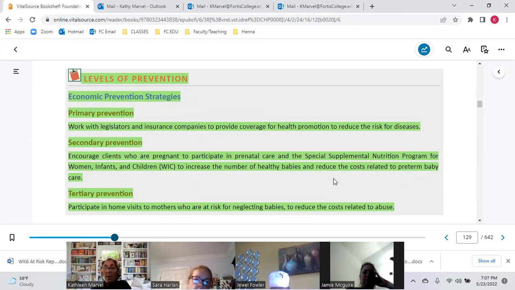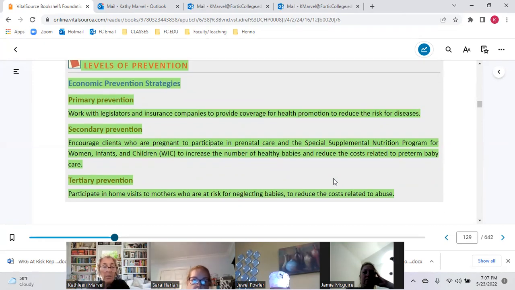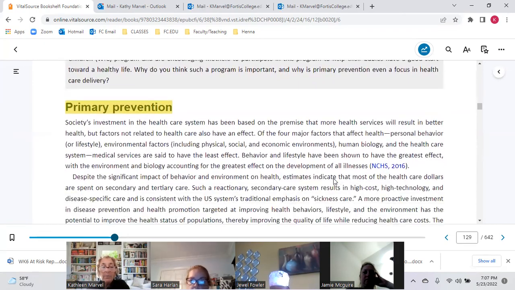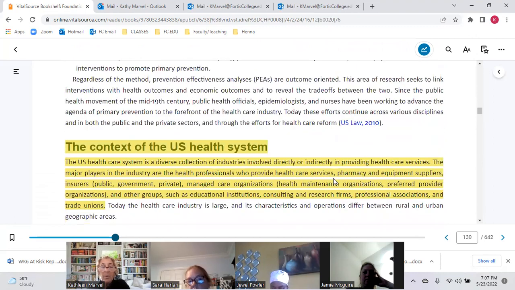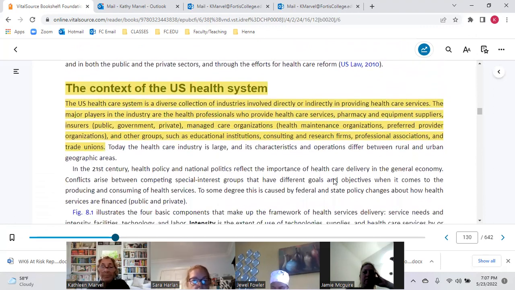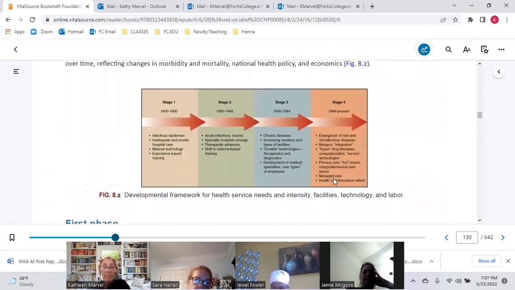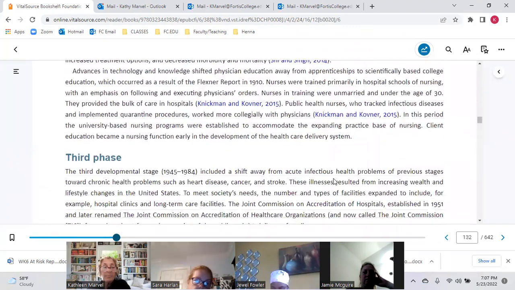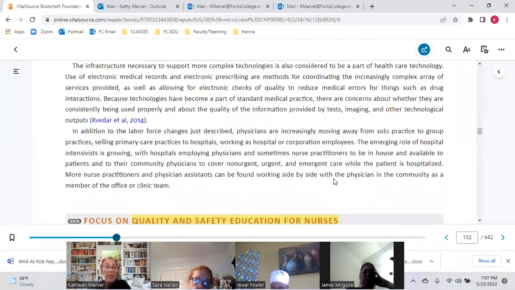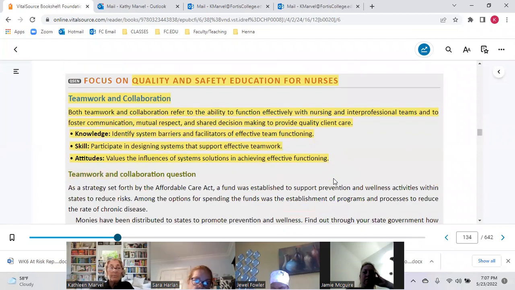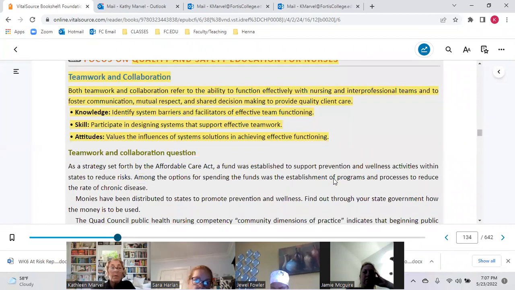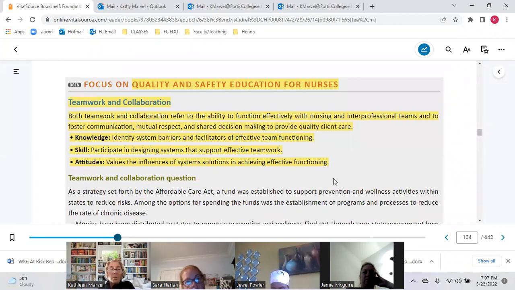And if you don't understand why each one is primary, secondary, and tertiary, let me know. We don't need to go through the phases. Quality and safety education for nurses competency in this chapter talks about teamwork and collaboration.